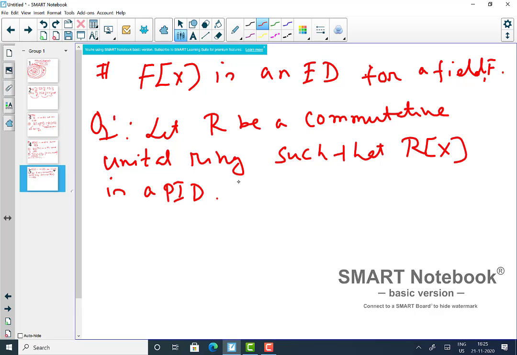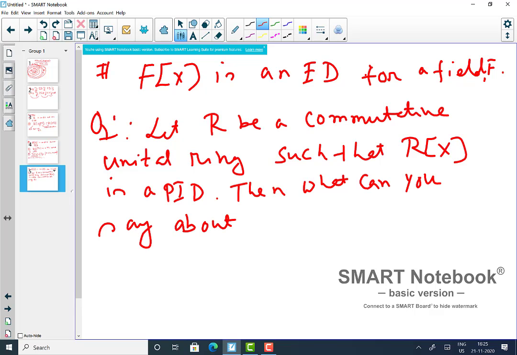Then what can you say about R? I just want to know what kind of ring this is.